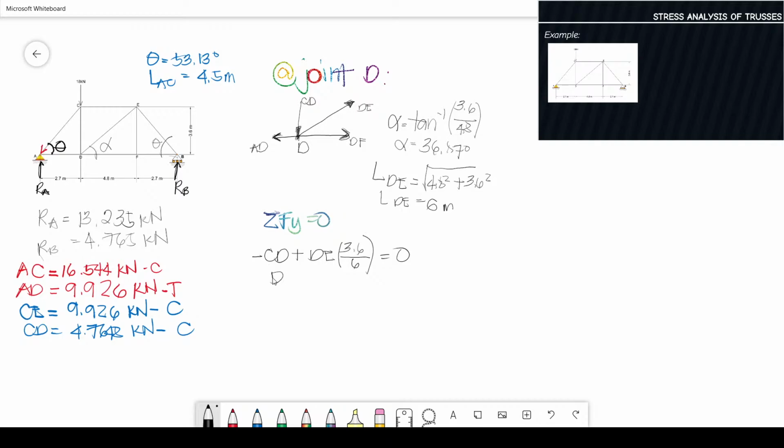So, our DE is equal to 4.765 plus 4.765 over 3.6 over 6.